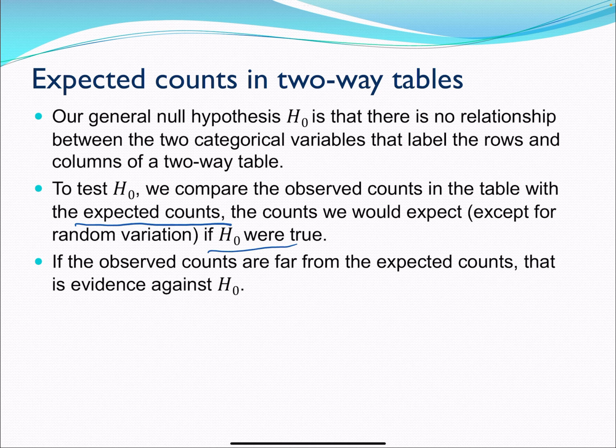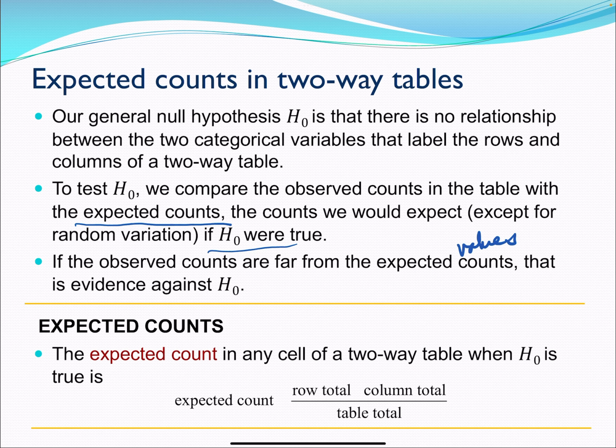Now, how do I go about calculating an expected count? Expected counts are also sometimes called expected values. The expected count in any cell of a two-way table when H naught is true equals the row total times the column total divided by the table total.